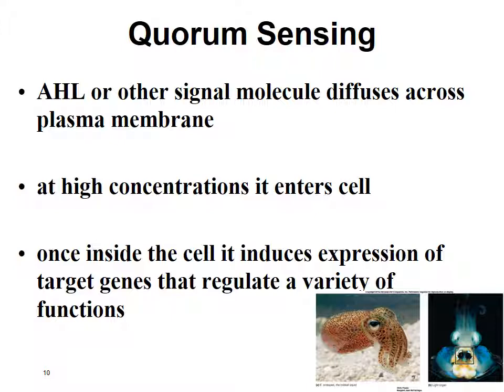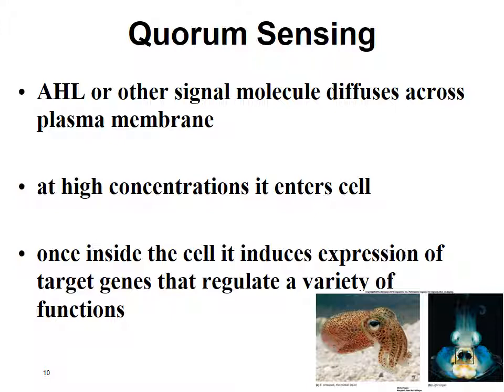However, when the cell population increases and the AHL molecules accumulate outside the cell, the diffusion gradient becomes reversed, so that the AHL molecule then diffuses from the external environment back into the microbial cells. And because the influx of AHL is cell density dependent, it enables individual microbial cells to assess population density. So this is what's referred to as quorum sensing.